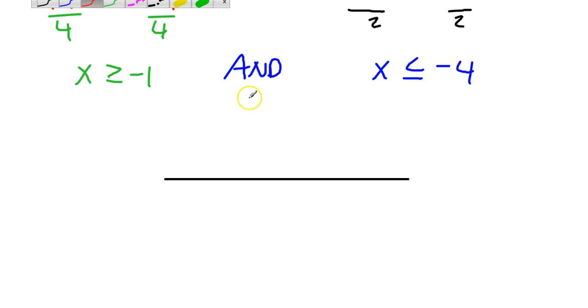Again, for the AND, that means we're looking for the intersection. We're trying to see what they have in common. So with the green part, we're going to start at negative 1. That one is a square bracket, and it goes to the right, so it's going this way.